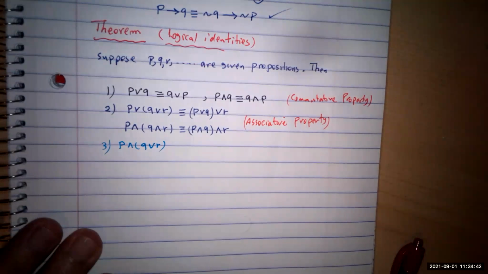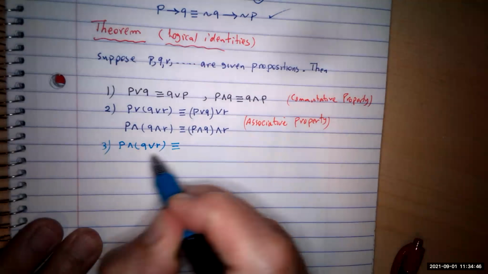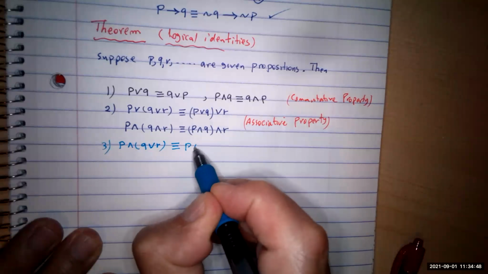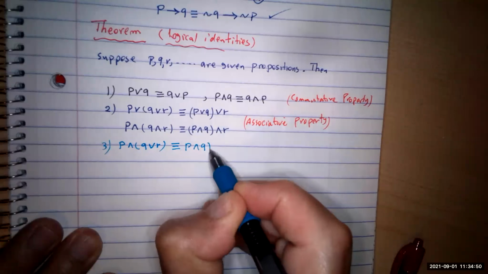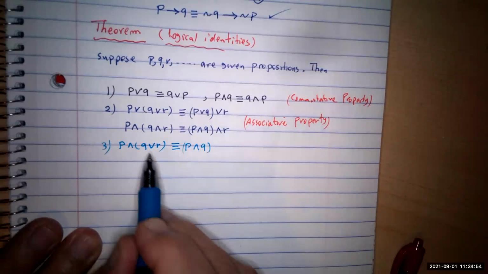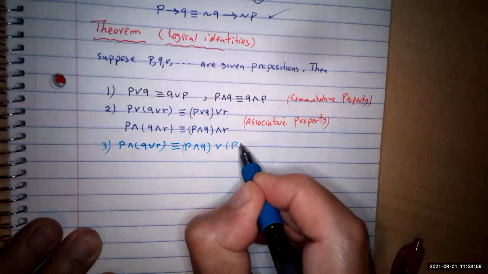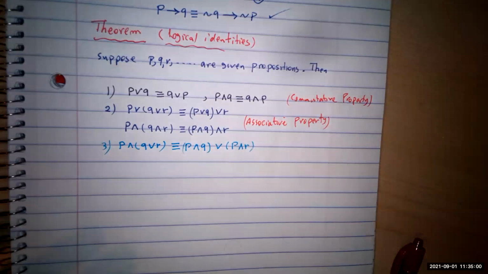It's going to be A times B plus A times C. So it's the same thing here. It's going to be equivalent to P and Q, like multiplying, then we get this sign, or, P and R. It's like the distribution that we have for the numbers.